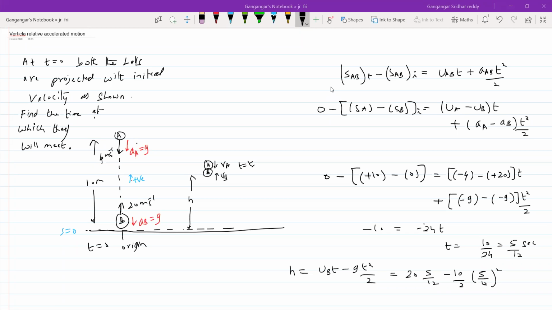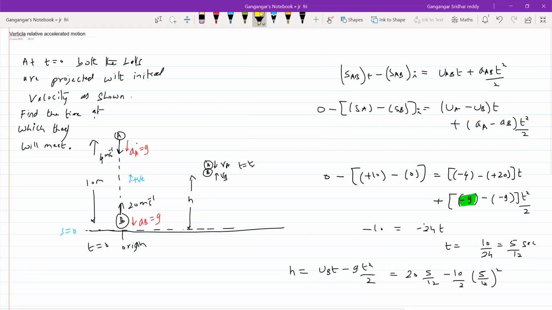Particle A is accelerating, and that acceleration is downward, therefore negative. Particle B is retarding, and that retardation is downward, so it's also negative. We are not putting sign for acceleration or retardation; we are putting it for the direction of acceleration or retardation. Are you getting it? Yes, sir. Got it, sir. Thank you.